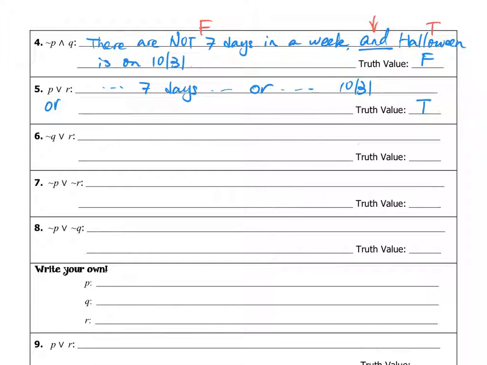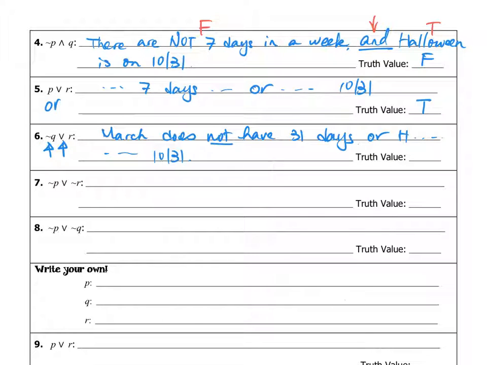For number 6, not Q or R. So we have to negate Q, which is March. Original statement is March has 31 days, so we say March does not have 31 days. So I just took care of the negation in the front, and now I need to take care of the disjunction, and then I put an or in, and I say Halloween is on October 31st.